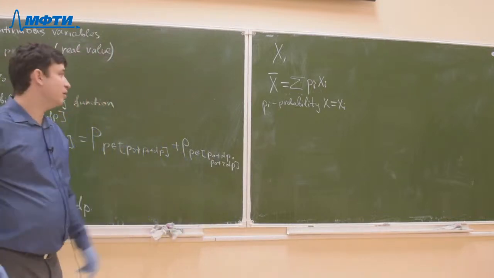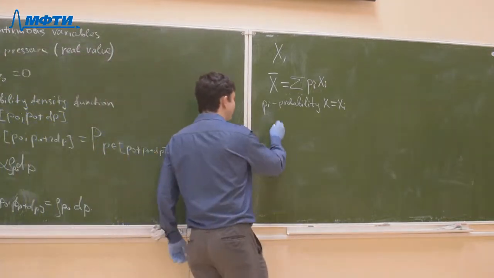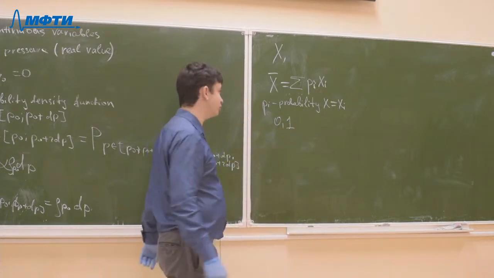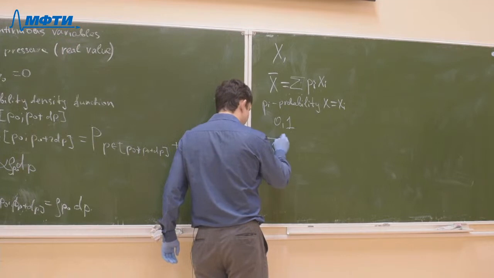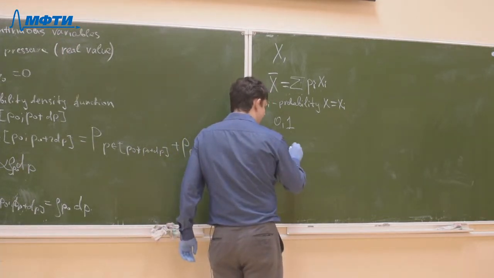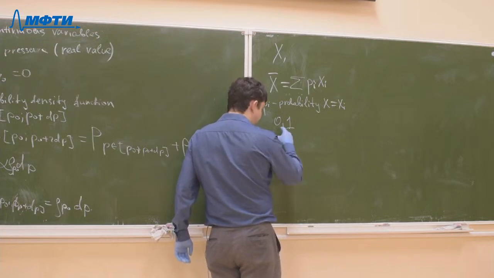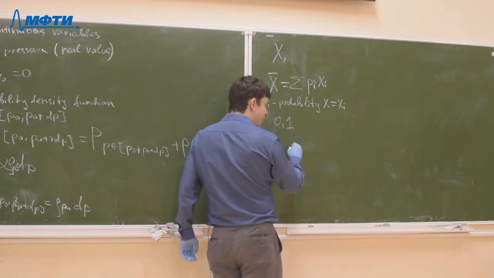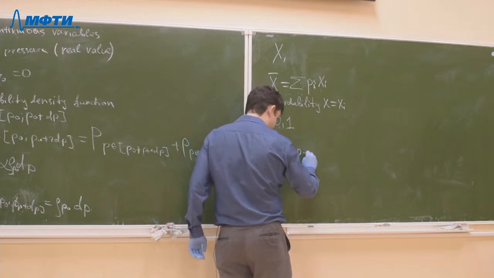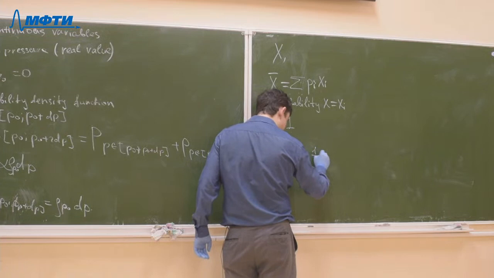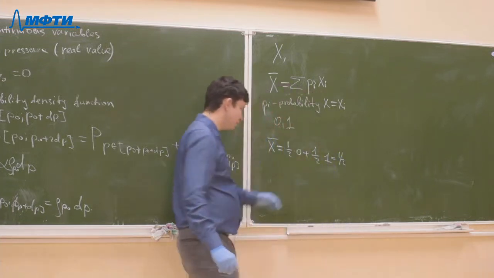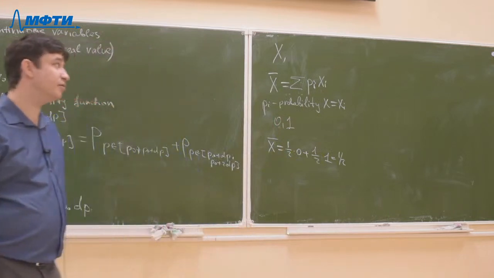So for your coin, if we have numbers 1 and 0 with probabilities of 1 over 2, then the average or mean value is calculated as follows. I multiply the probability of 0, which is 1 over 2, by 0, plus the probability of 1 by 1, and get 1 over 2. This is the average or mean value.